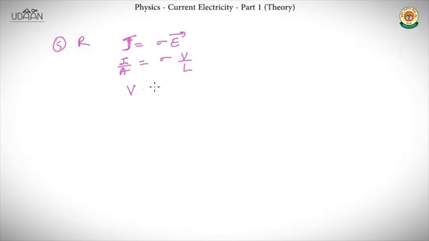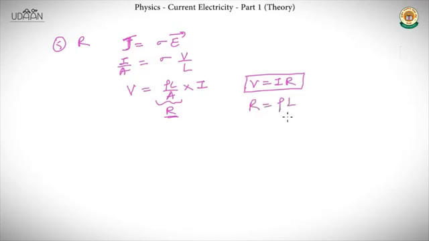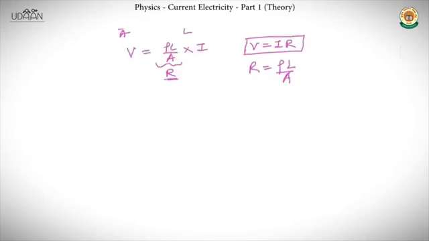So if I solve this equation, I can get V is equal to rho L by A into I. Rho L by A I substitute by R, which is called the resistance. So I get the equation V is equal to I into R, which is potential is equal to current into resistance, where resistance is equal to rho L by A, where rho is the resistivity, L is the length of the conductor, and A is the cross-sectional area.